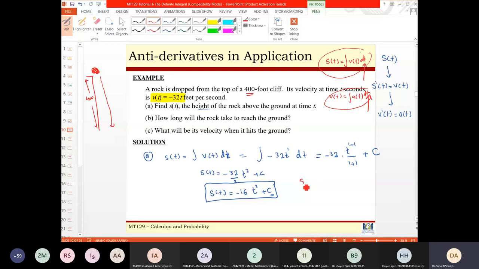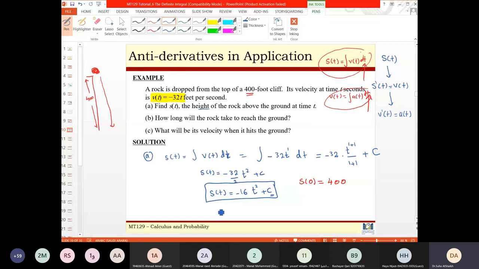So this means when the time is 0, what is the height, what is s, what is the distance? It's 400, right? At the beginning of the movement of the rock, its height above the ground was 400. So when the time was 0, s was 400, so I know s at 0 is equal to 400.